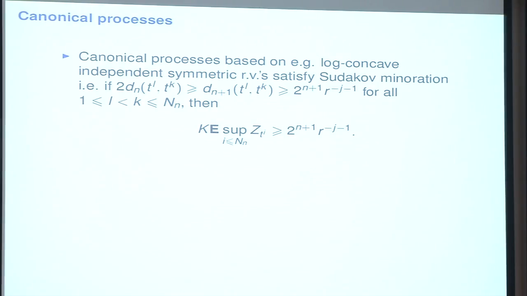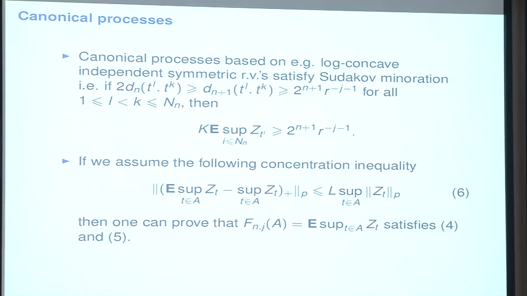In the case of dependent data, we know that, for example, for log-concave isotropic vectors, or just variance 1 and symmetric, we have the Sudakov minoration, and we can state it exactly in the order we need this fact.